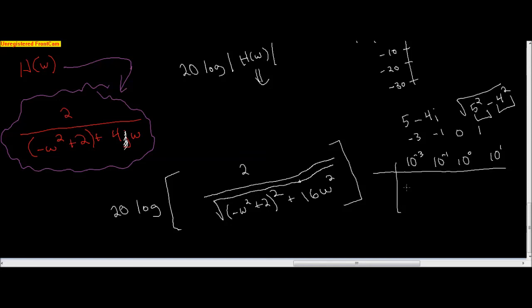So if you punch this in your calculator, the first term you're going to get something very close to 0. The second term you're going to get something very close to 0. On this guy you will get -6.28, and for this term you get -34.5. So all we have to do is plot this on our graph and make a handy dandy little curve.